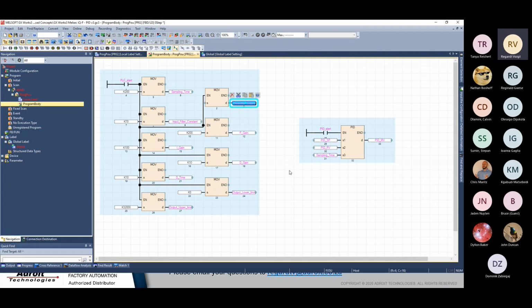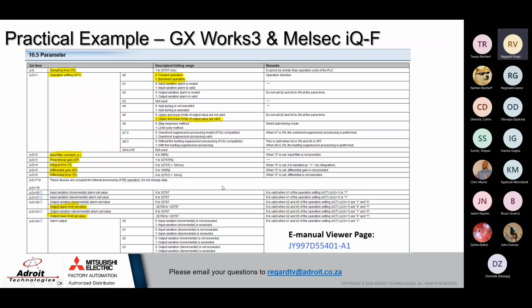Then operation settings. So how does this work? This is one point where users get stuck. This entire block here is an operation setting, and the bits are mapped onto a word. In SCADA, we call it marshalling. So your first bit represents forward or reverse action.